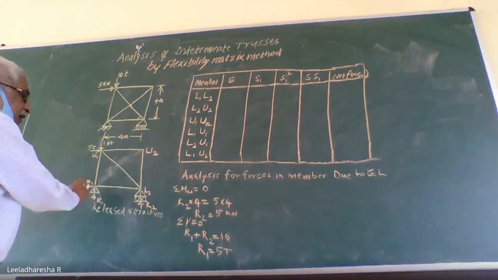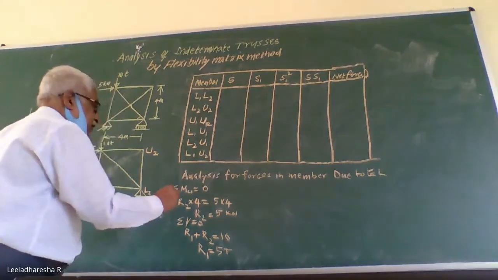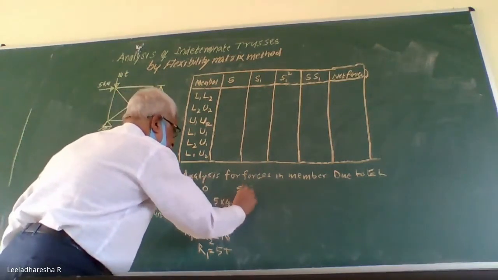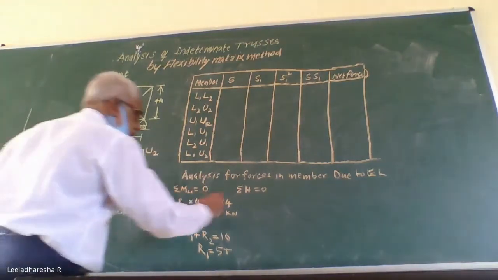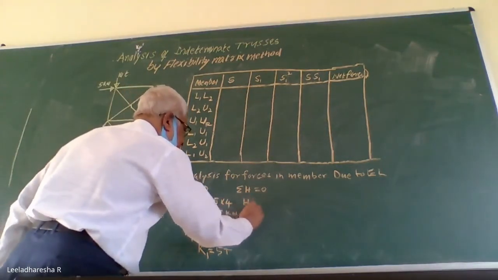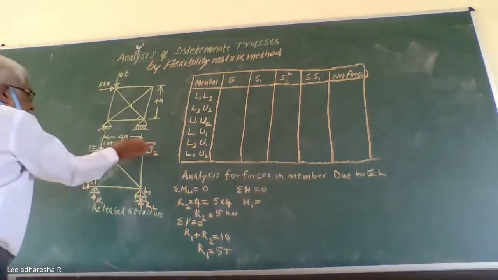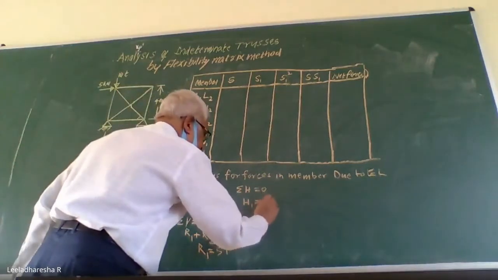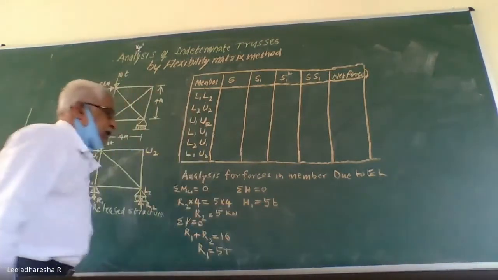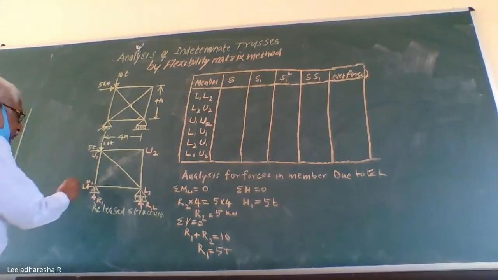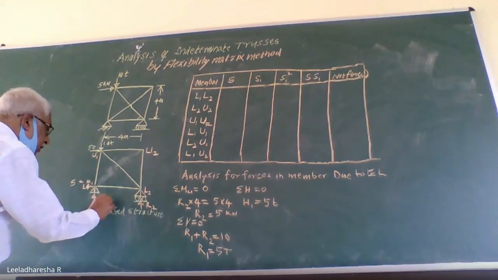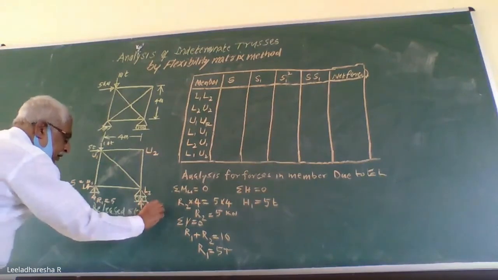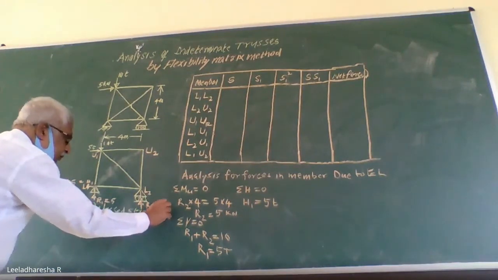See, H1 I calculated. We need to equate sigma H to 0. H1 is moving towards left, so equate this to rightward forces. That is 5 tons. So you are going to get the value as 5 each. So this is 5 kilonewton, 5 ton. R1 is also 5. R2 is also 5.